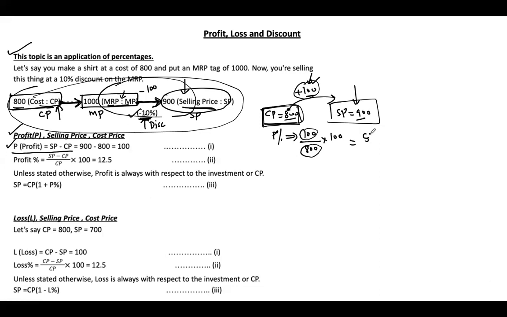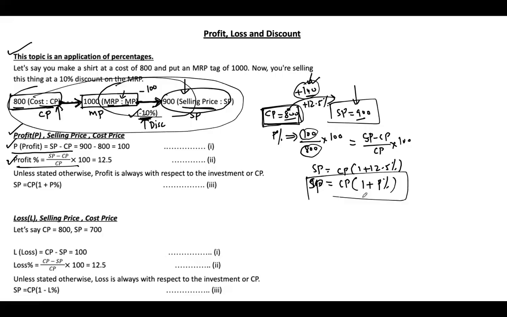So profit percentage is selling price minus cost price upon cost price into 100. Similarly, 100 by 800 is 12.5%. So can I write this equation as selling price, which is 900, is nothing but increasing the cost price by 12.5%. In a way, I'm saying you increase the cost price by profit percentage.